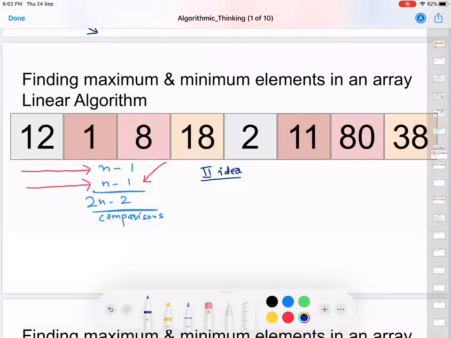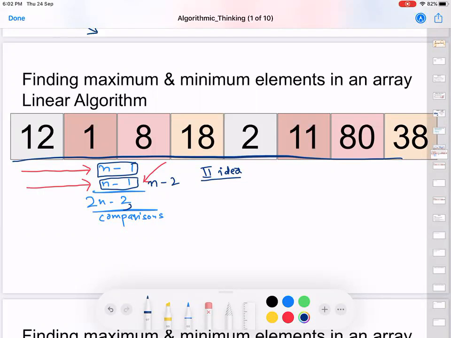So what we are currently doing is, you do one scan and you figure out which is the max in n minus 1 comparisons. So next time for finding the min, I need not consider all the elements. I already know which is the maximum element. So you can just leave that out and find the minimum on the remaining n minus 1 elements, which will take you n minus 2 comparisons. And actually you can optimize it to 2n minus 3.